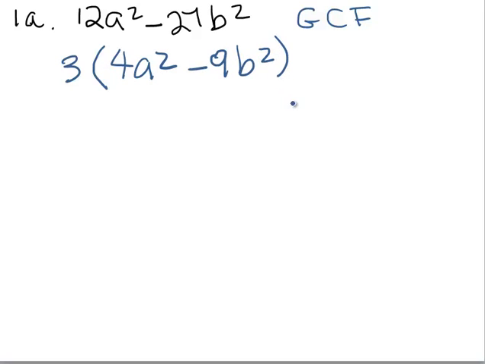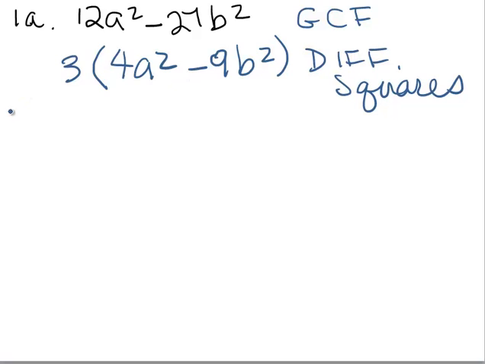As I look at this, I'm noticing that 4 is a perfect square and 9 is a perfect square, and we know a squared and b squared are. Then there's no middle term and we're subtracting, so I have something called the difference of squares.